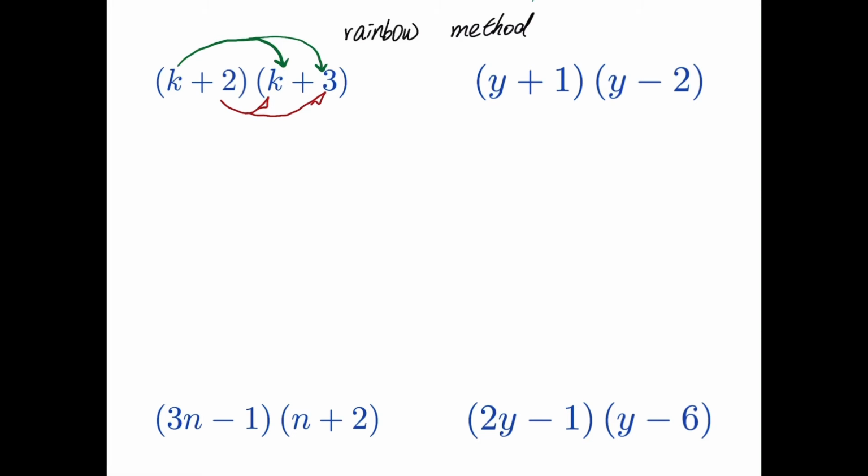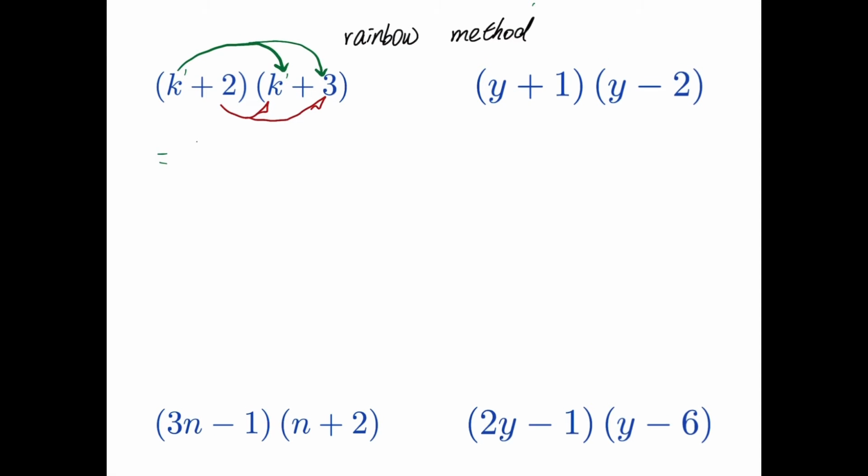So let's do the k first. k times k, there are 2 k's, the bases are the same and inside is times, so that's why the powers will add up. This one has 1 power, this one has also 1 power, so it's k squared. And then k is also given to 3, so 3 times k, yep, 3k.